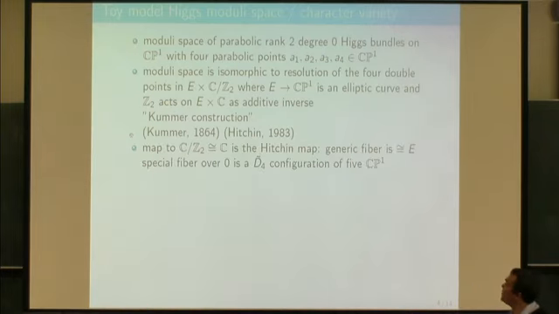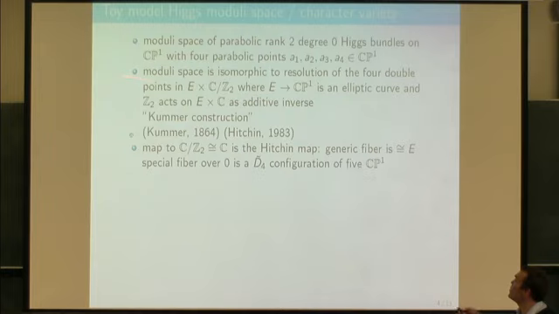Okay, Nigel also showed you this Hitchin map, and so you can explicitly see the map down to C, which you identify with the second component, modulo Z2. And then you see that generically you see this elliptic curve as the fiber, but over 0 you first divide by the involution to get the CP1 with the 4 marked points.